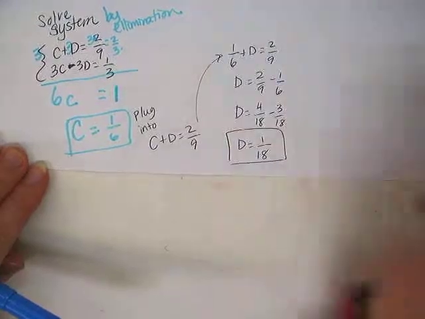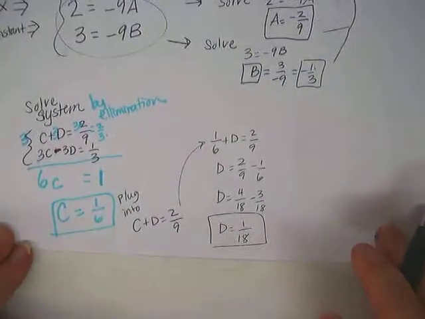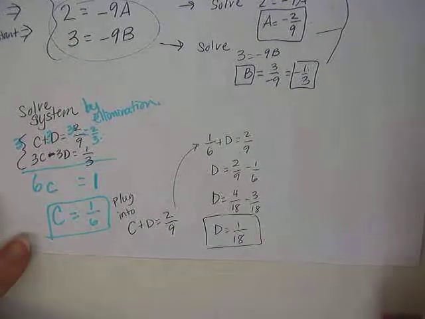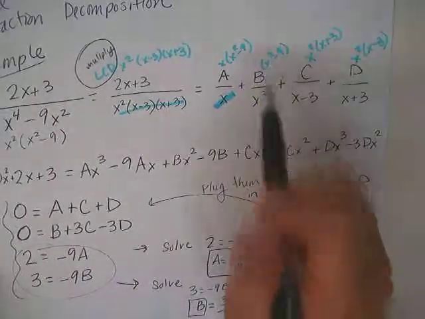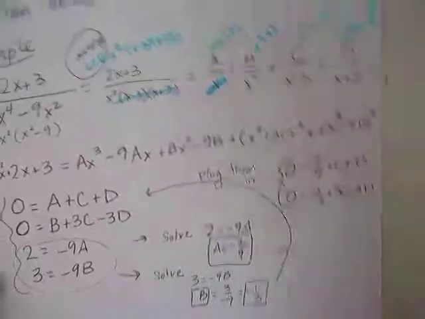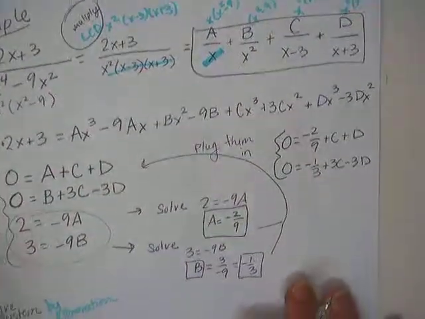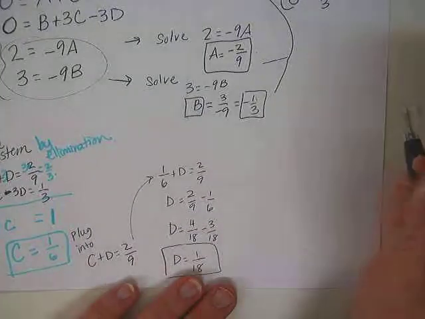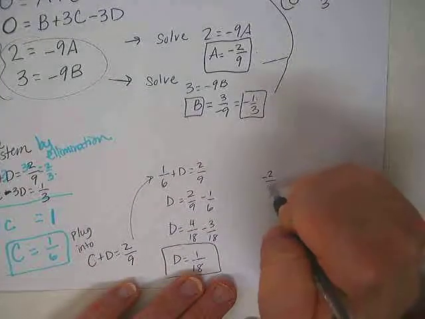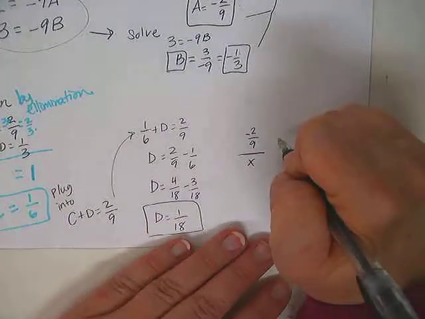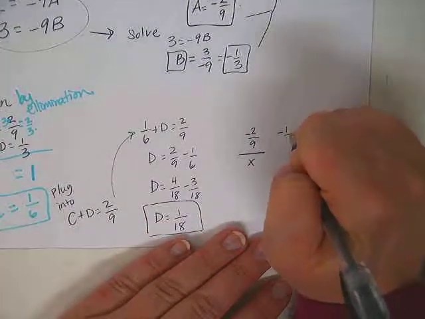So d would equal 2/9 minus 1/6. We need a common denominator, 18. So d would equal 4/18 minus 3/18. So d equals 1/18. There we go. A, B, C, and D. Are we done? Nope, not till we do this.